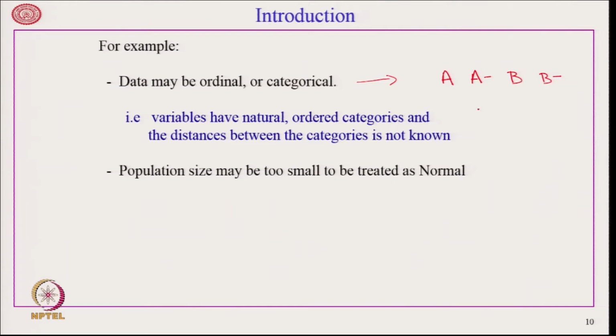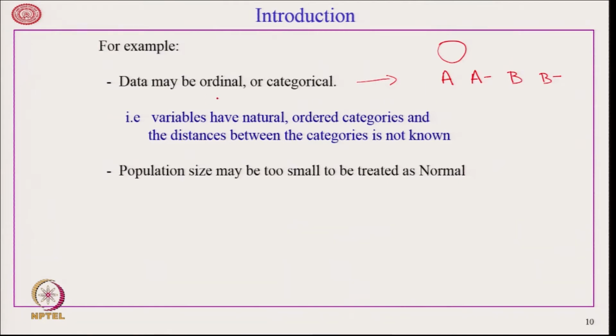Therefore, in some sense all students getting a grade A are somewhat equivalent, but they do not have the same marks. Therefore, the data is no more numeric and therefore, we cannot process it using the standard statistical techniques.